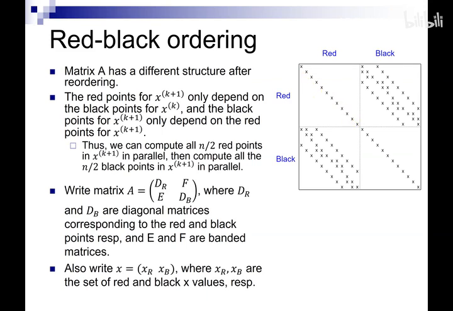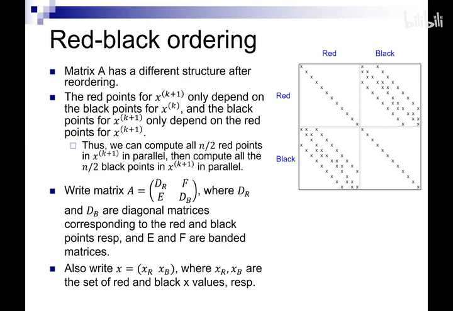You do have some dependencies between the red and the black points, and that's what these other parts are. But as we said, we can first compute all of the red points for x of k plus 1 in parallel, and then compute all the black points for x of k plus 1 in parallel.